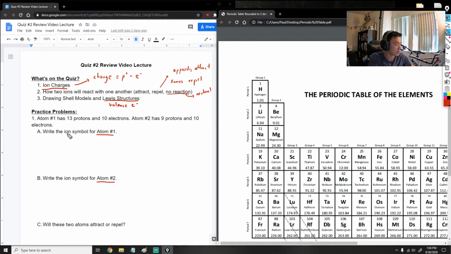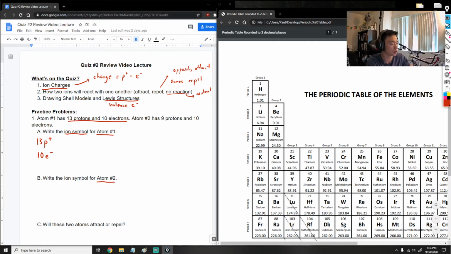So it's going to ask you first to write the ion symbol. Okay, so we're going to write the ion symbol for atom number 1. Now we have some information right here, so I'm just going to copy that down so we have that to refer to. Atom number 1 has 13 protons and 10 electrons. Okay, so we got to figure out what element it is.